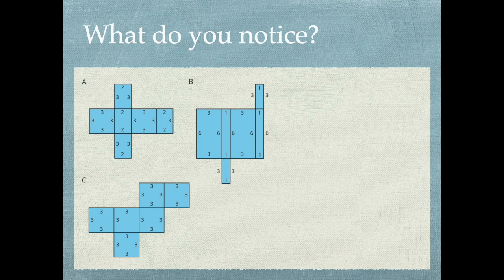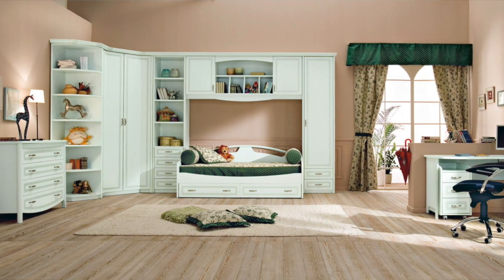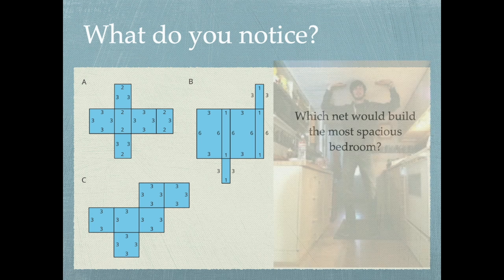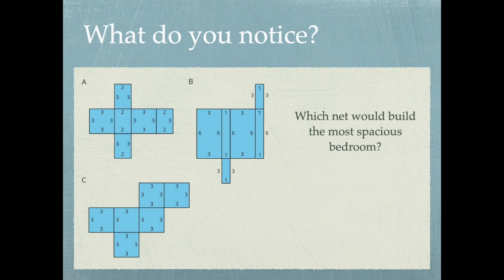Before we start calculating the area, let me just ask you something. Which nets would build the most spacious bedroom? If I look at A, and that's 3 feet tall by 2 feet tall, well, I'm 5 feet tall, so my head's going to bump on the ceiling. That's not a very good one. If I look at B, well, one is 6 feet by 3 feet, maybe.